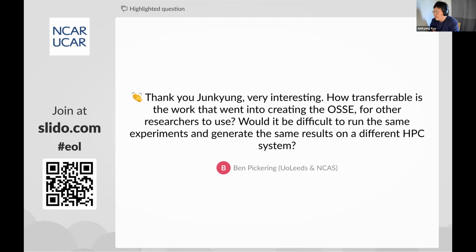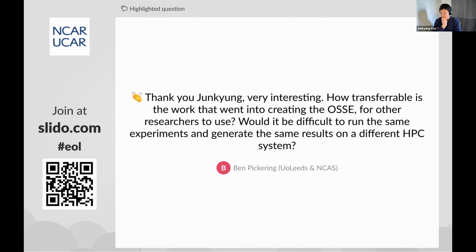Thank you, Ben. From my experience, if I transfer our model and data assimilation system to another HPC system, it may result in very small differences because of different computational systems, but I think they can be ignored.